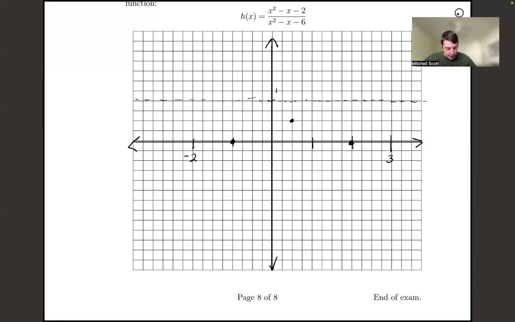horizontal asymptotes. So now we just need to include the fact that we know that this goes to negative infinity, and this goes to negative infinity, which we computed when we were talking about our discontinuities, and this is going to be coming from positive infinity. And this is also going to be coming from positive infinity.